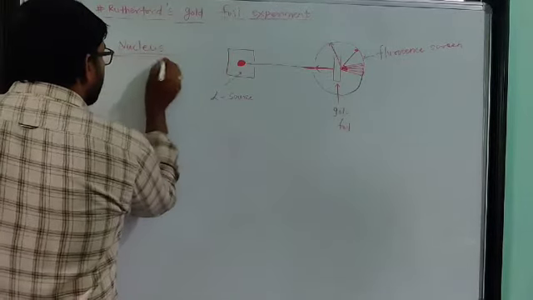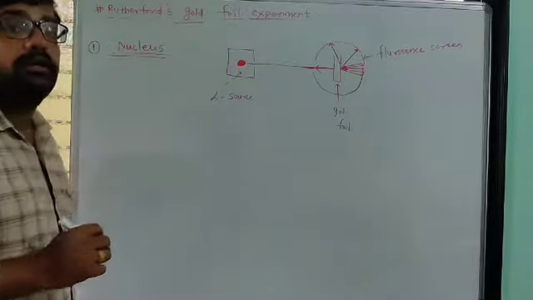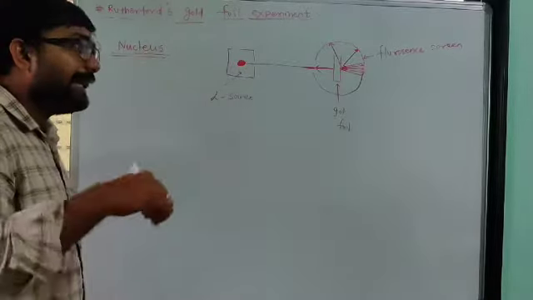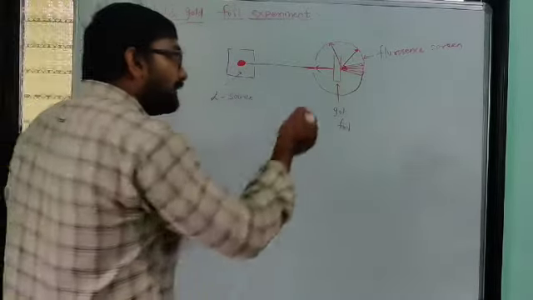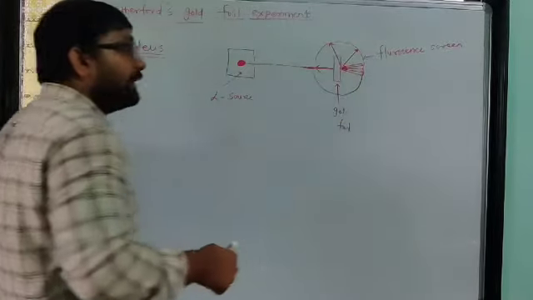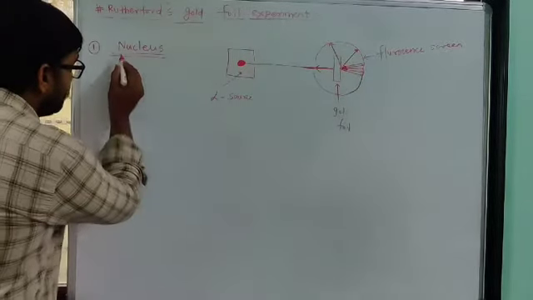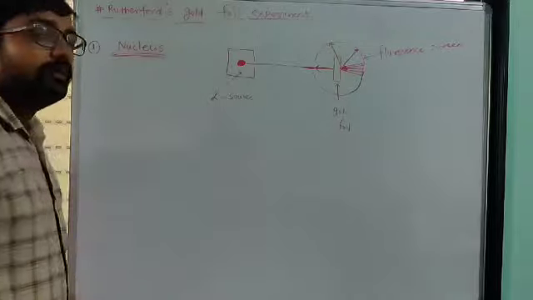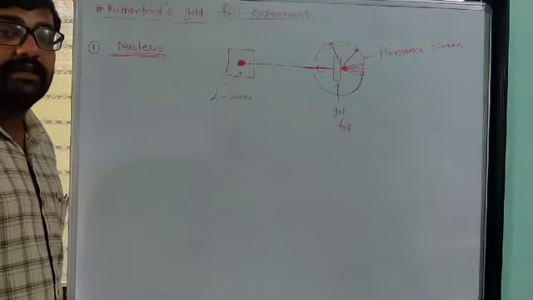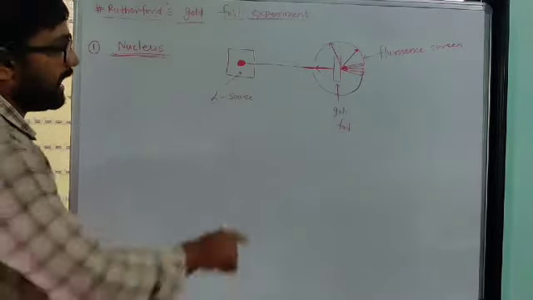So his first prediction is about the nucleus. In that he tells us that at the center of every atom there is a nucleus. The nucleus is present at the center of every atom.